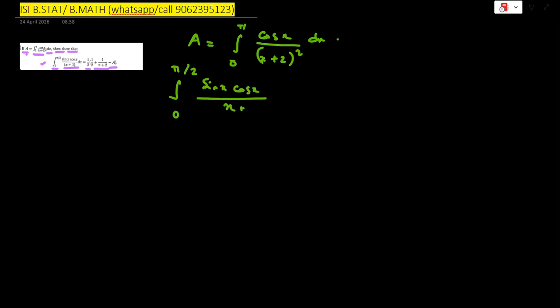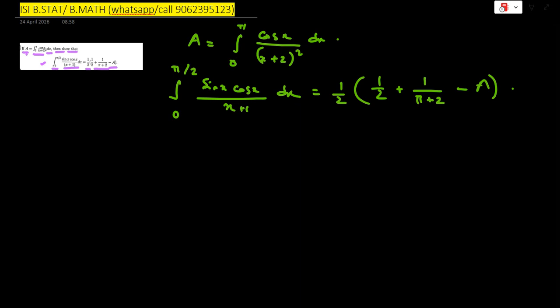So given A is the integral from 0 to pi of cos x by (x plus 2) whole square dx, and we have to show that the integral from 0 to pi by 2 of sin x cos x by (x plus 1) dx is equal to 1 by 2 into (1 by 2 plus 1 by (pi plus 2) minus A).